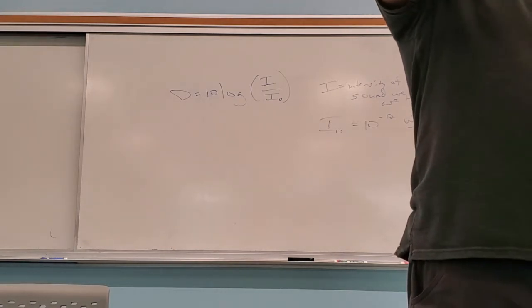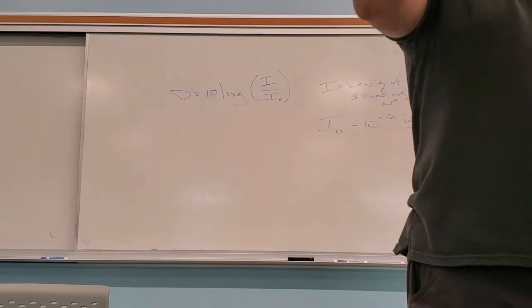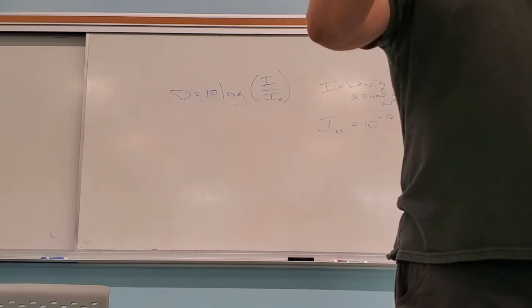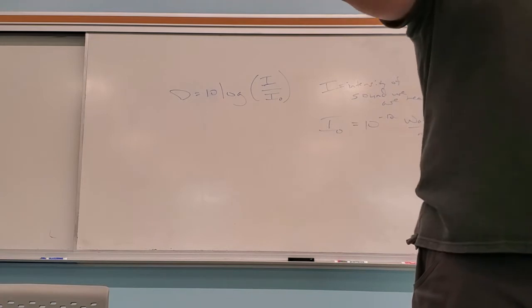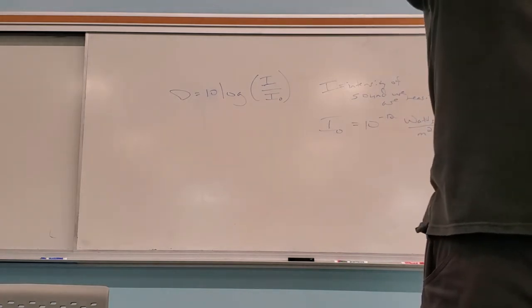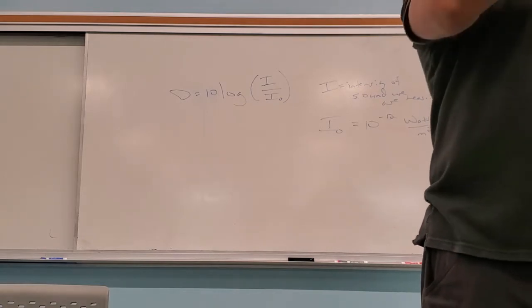So as it moves out, the sound has to cover the inside of this sphere. Let me make sure you understand. So as the sound moves out, it's sort of like creating a sphere. As it moves more and more out, isn't there a larger area that sound gets distributed across? Just like light.